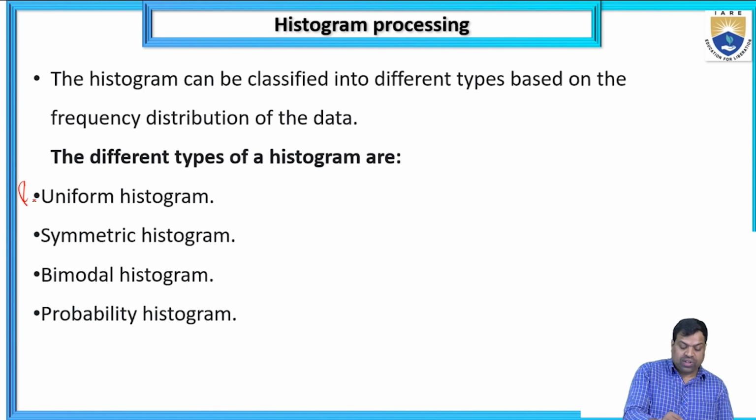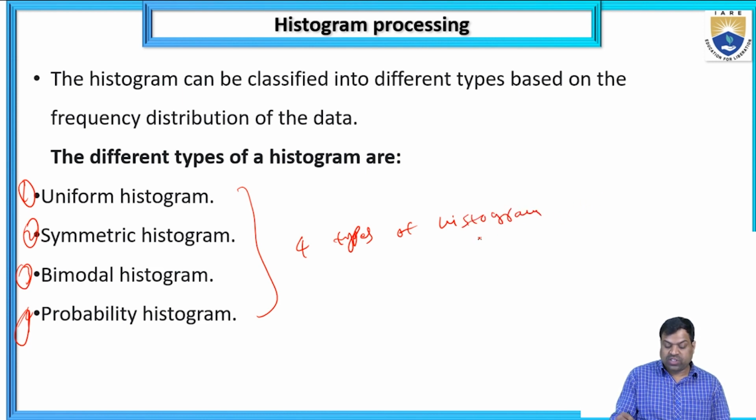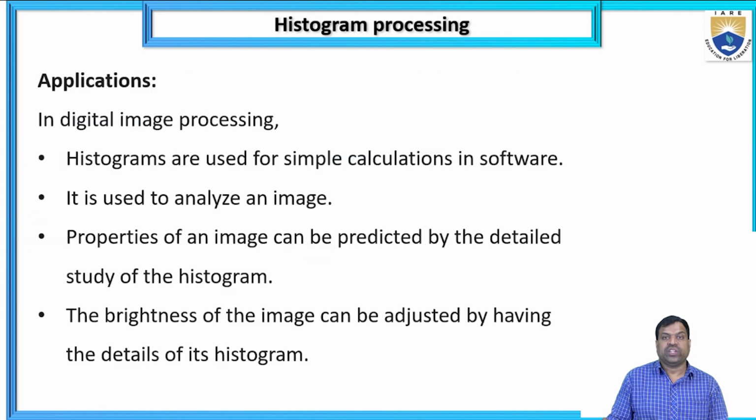Uniform histogram, symmetric histogram, bimodal histogram, parabolic histogram. These are the four types of histograms.